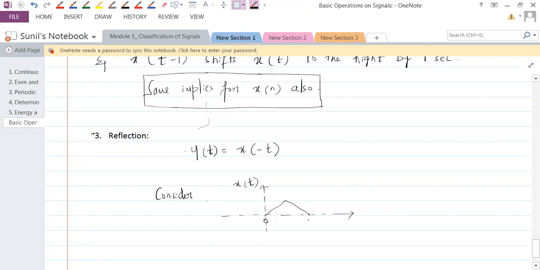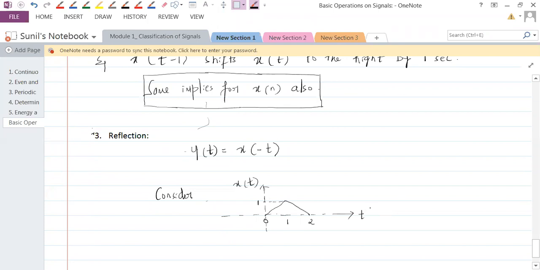Starts at 0, ends at 2, and this is the center point. And the amplitude of this signal is 1. The amplitude is not of importance when we are operating on time axis. This is x of t.